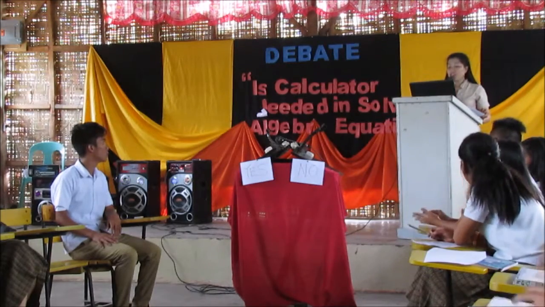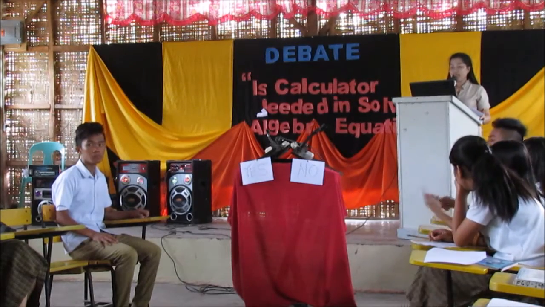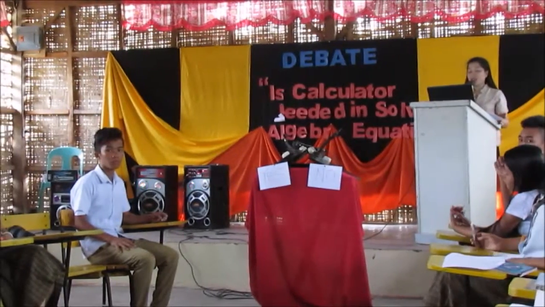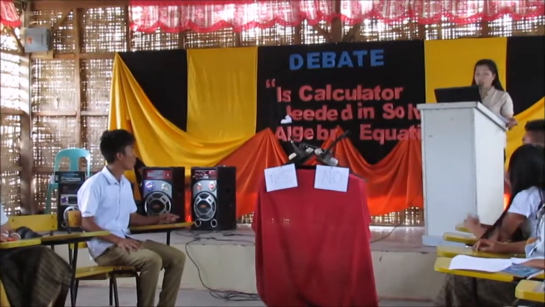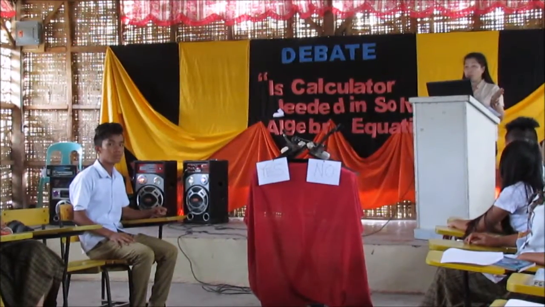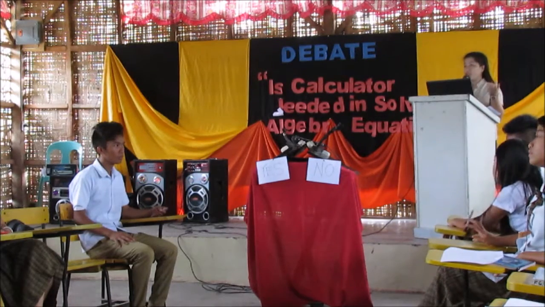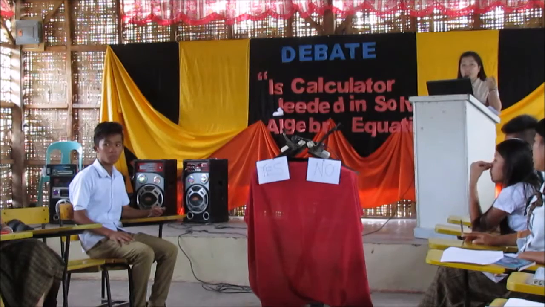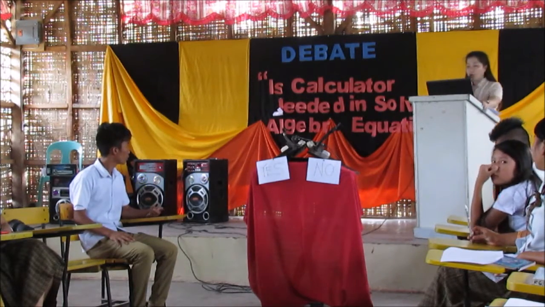But there are chances that students might make mistakes. A small mistake is sufficient to make the answer incorrect. There are many scenarios where a student can make mistakes, such as pressing the wrong buttons, forgetting to change the mode, because in using a scientific calculator, specifically in solving an algebra equation, you have to change the mode first because you cannot answer it by just using an ordinary calculator.